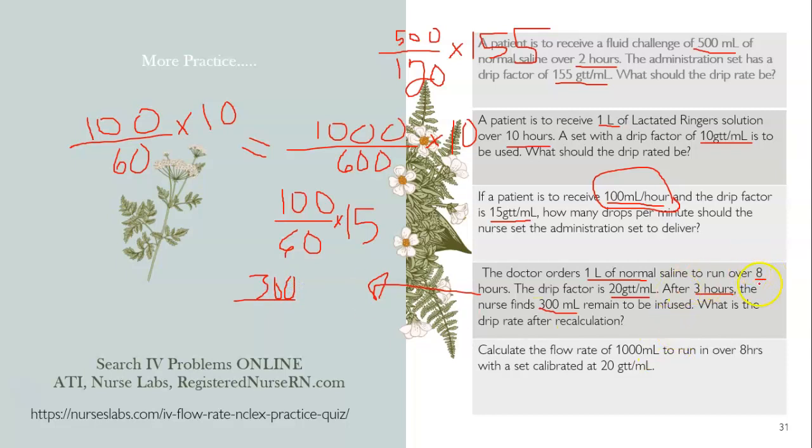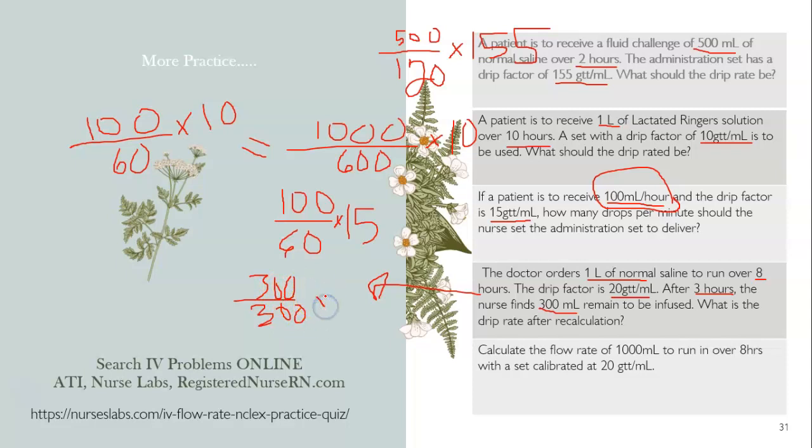So it was written for 8 hours, but after 3 hours, oh my gosh, a whole bunch went in. So wait, I want to slow that sucker down. So 5 hours would be 300. 300 minutes. 300 mils, right?